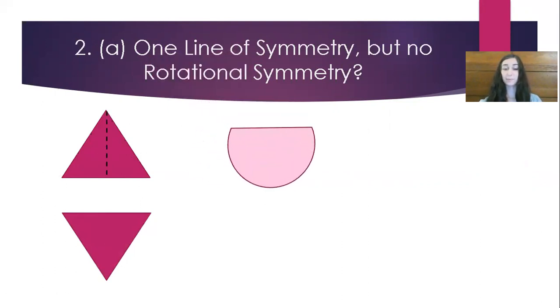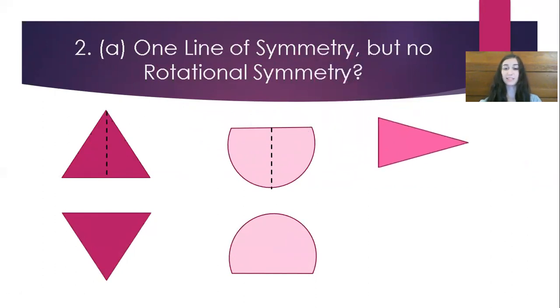Same with this shape, a chord. This has one line of symmetry going straight down the middle, but when you rotate it 180 degrees, it looks like that. It should have the flat part at the top, but instead it has the flat part at the bottom. Since it doesn't line up perfectly with the first image, it doesn't have rotational symmetry.